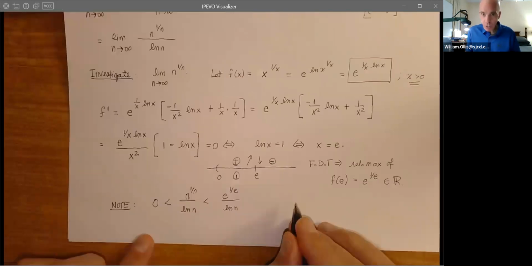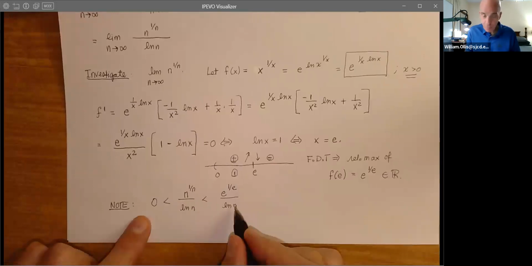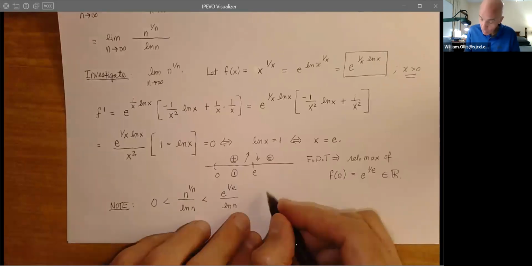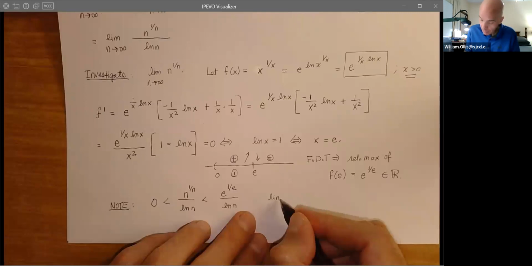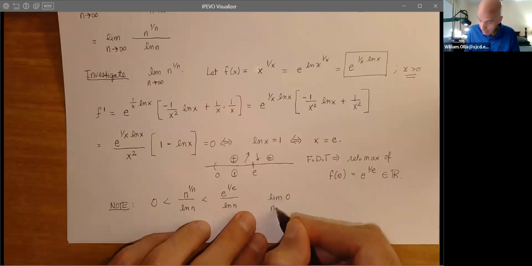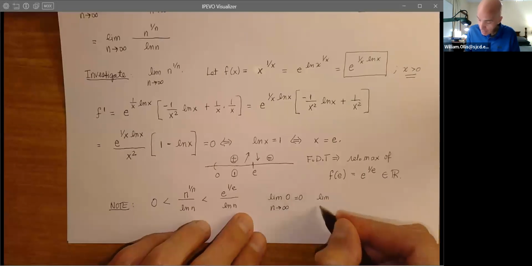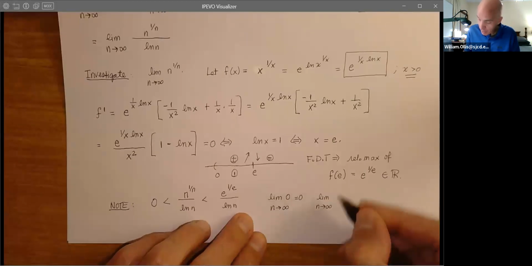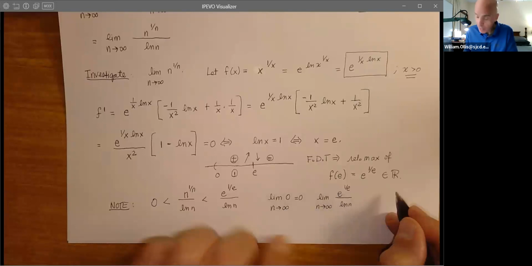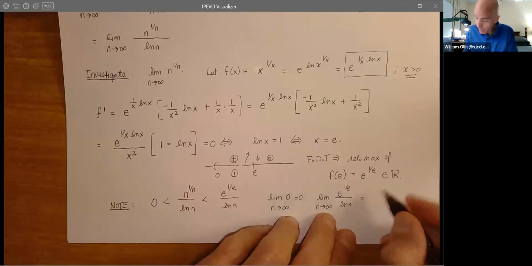But now, of course, when you look at this, both of these limits will be zero. That is, the limit of zero is zero. And then, of course, the limit as n approaches infinity of e to the 1 over e divided by ln n. Well, the e to the 1 over e is just a constant, so we can factor that.